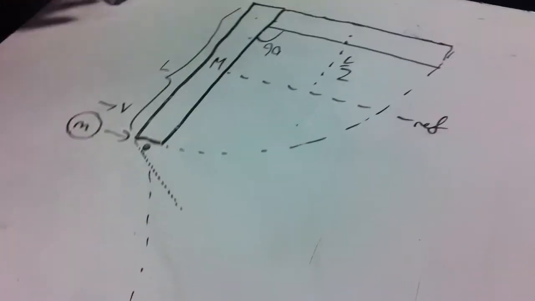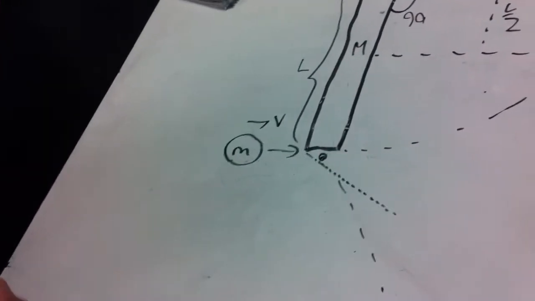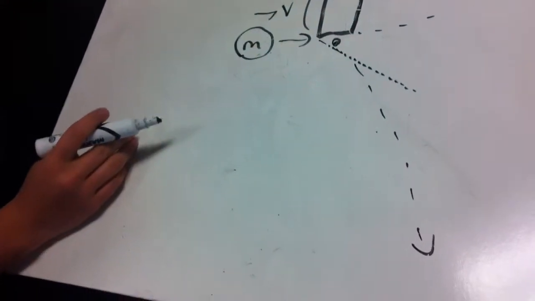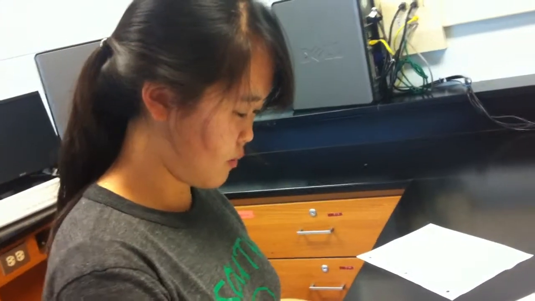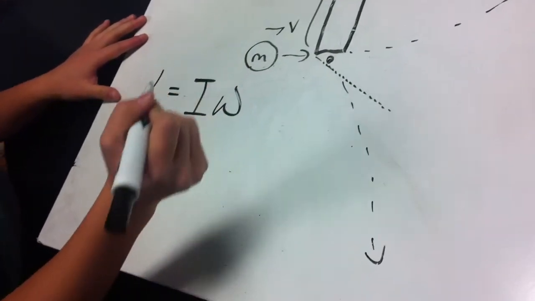Okay. Part C, we're looking for the angular momentum of this ball. Angular momentum L equals moment of inertia times omega.